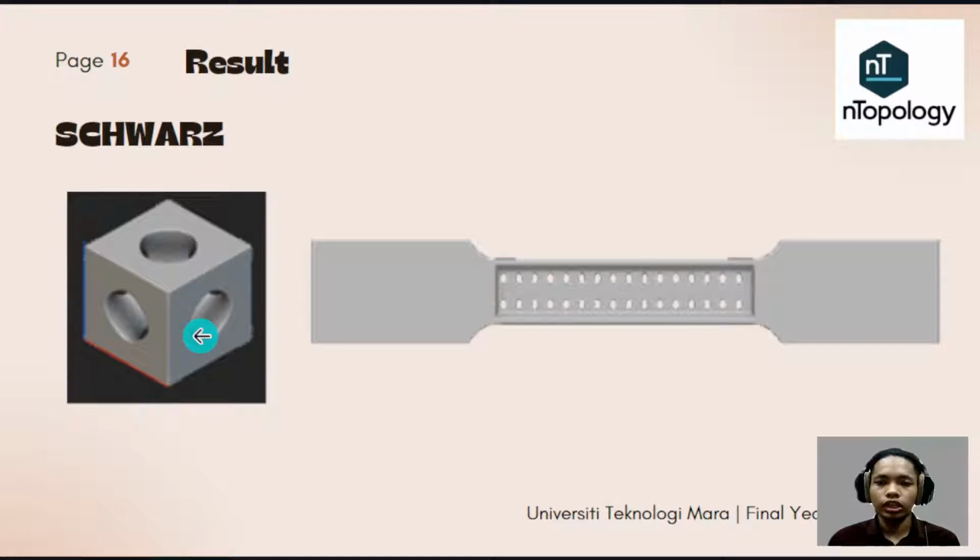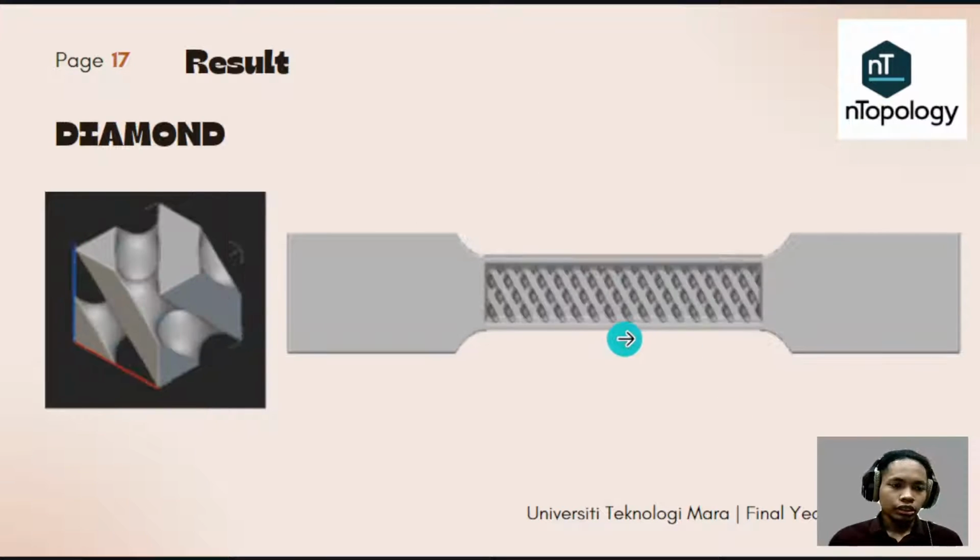This is the unit cell of swarth. Then this is the result for the model on the tensile specimen. Last but not least, diamond TPMS. This is a basic unit cell, one unit cell, and this is the result in topology.